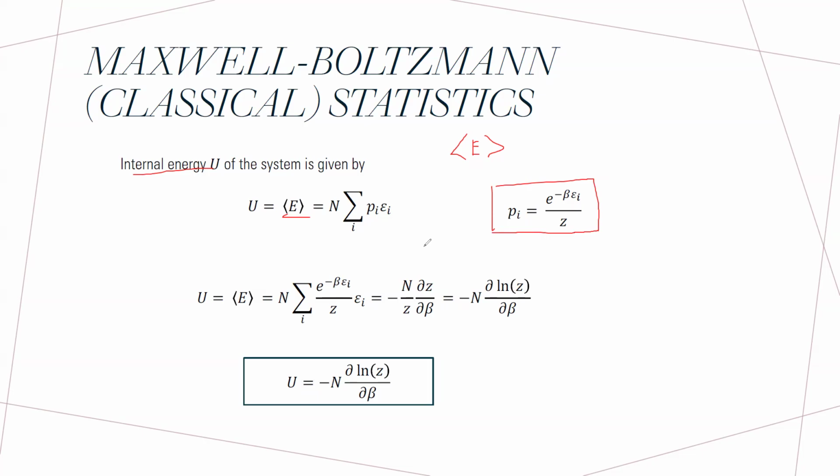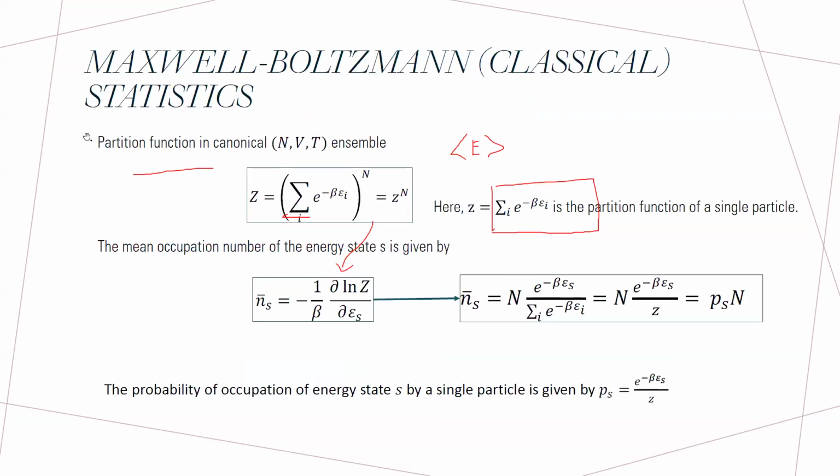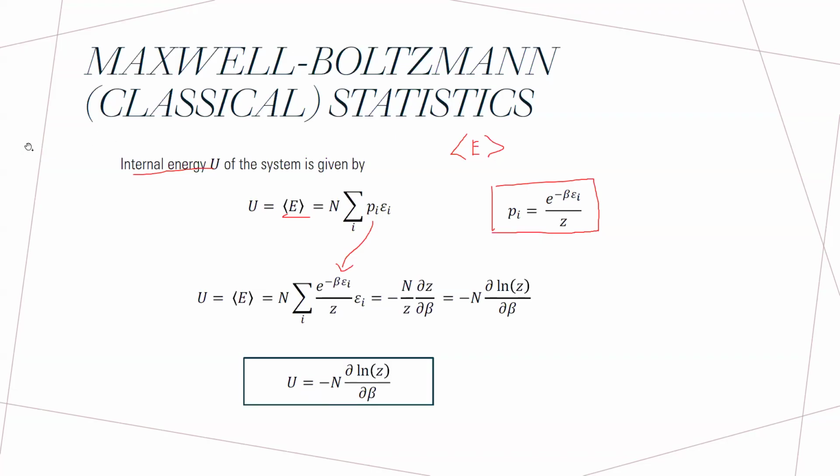And then we can rewrite P_i as exponential of minus beta epsilon_i over Z. And then you can easily show, if we differentiate Z, we found that Z is equal to a sum of exponential of minus beta epsilon_i.